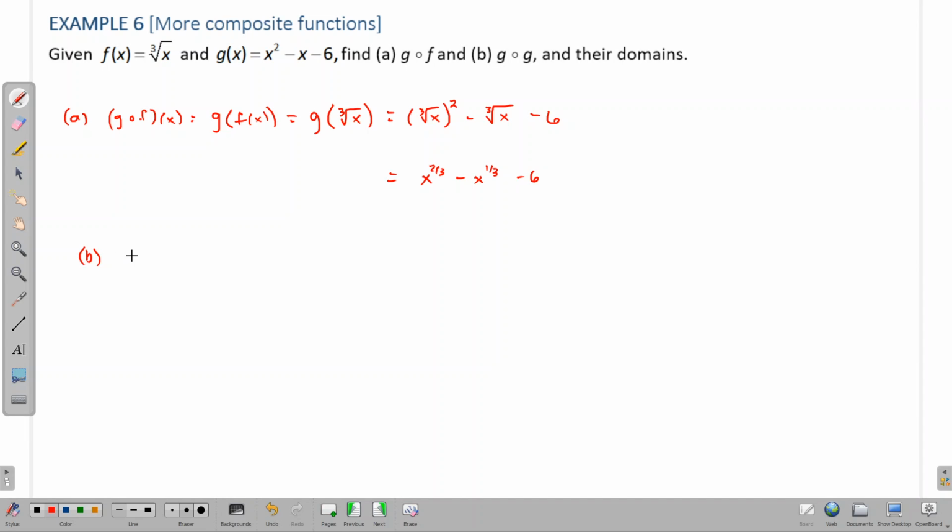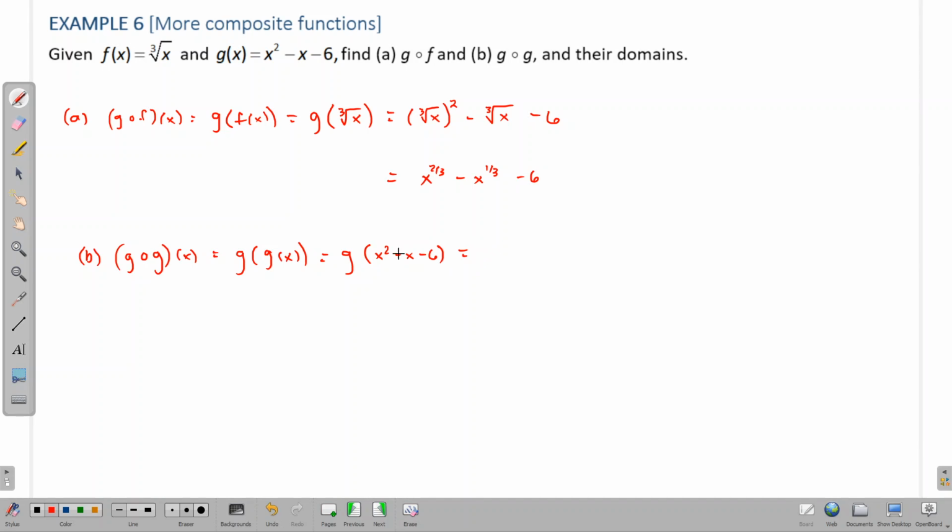Alright, now you can also compose a function with itself, so g composed with g is g of g of x. So we are putting this function inside of itself. This is going to get kind of messy here.